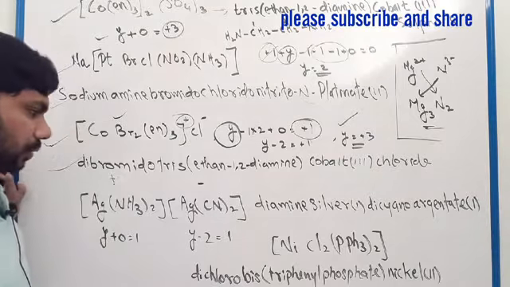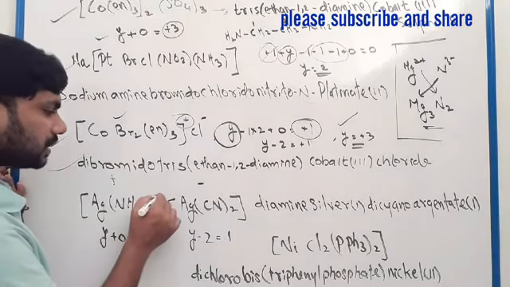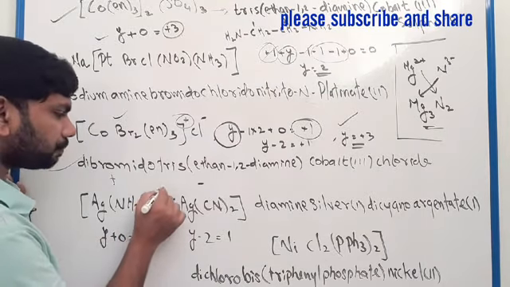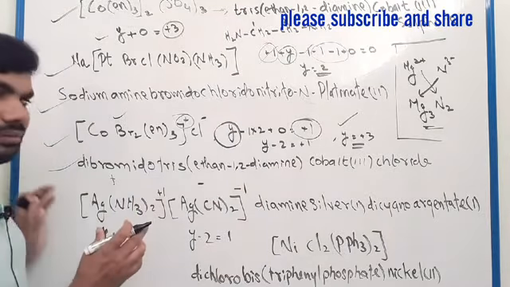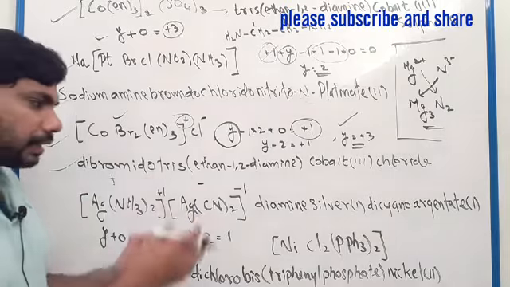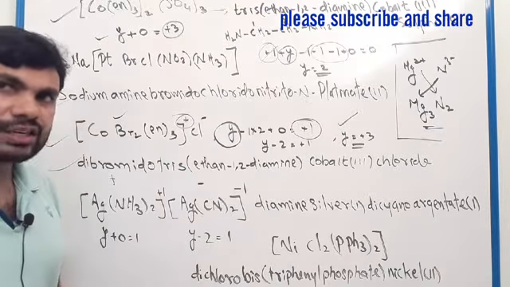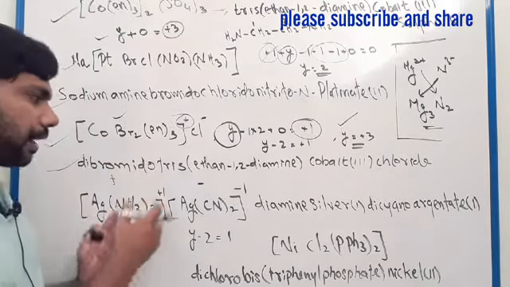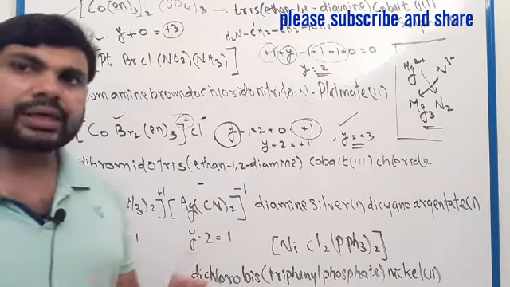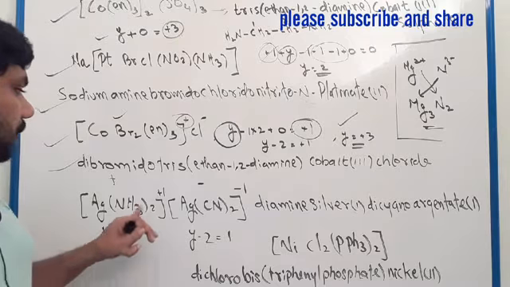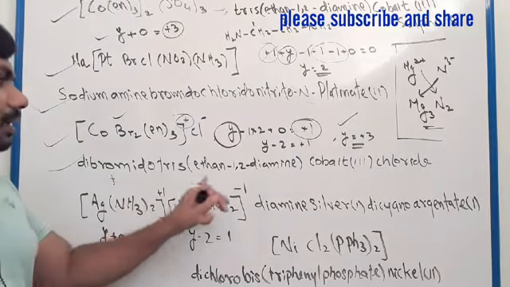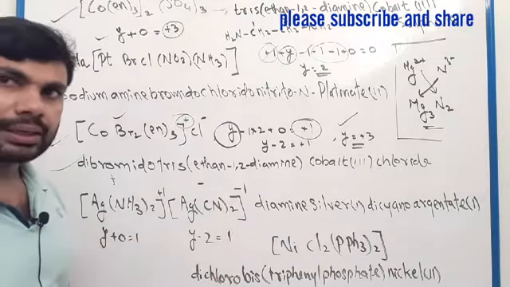So you can say this is plus 1, this is minus 1, and together they are 0. Clear?